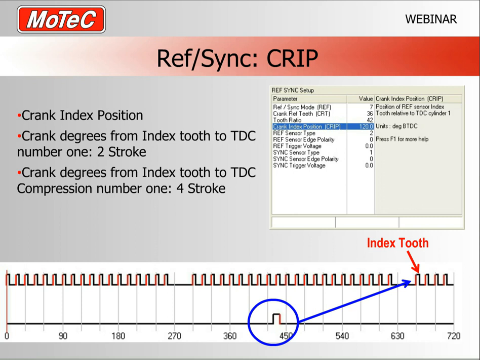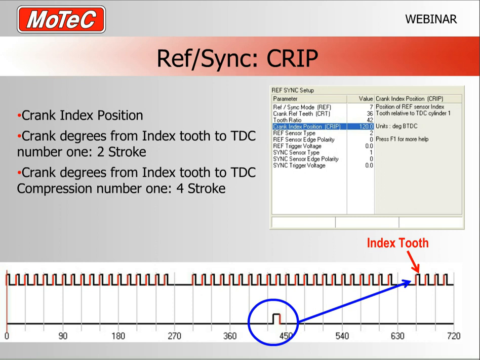The index tooth is the one that happens after that. The way the ECU decides which of the missing tooth events to use is to use the sync tooth circled in blue there. So basically the missing tooth event that happens after the sync tooth, that's the index tooth.